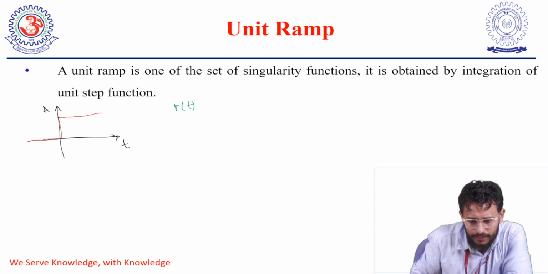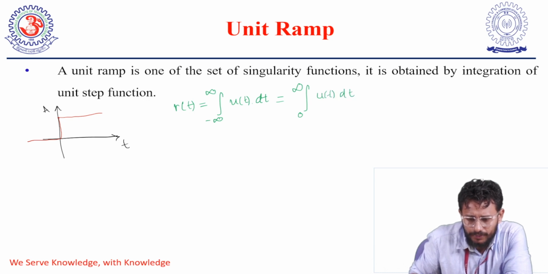So I'll be expecting the ramp signal to look like the integral throughout the time, maybe minus infinity to infinity, of the unit step function over the time. Now I know between minus infinity and 0, the unit step function is non-existent. So this expression can be shortened down to the integral of u(t) dt from 0 to infinity.